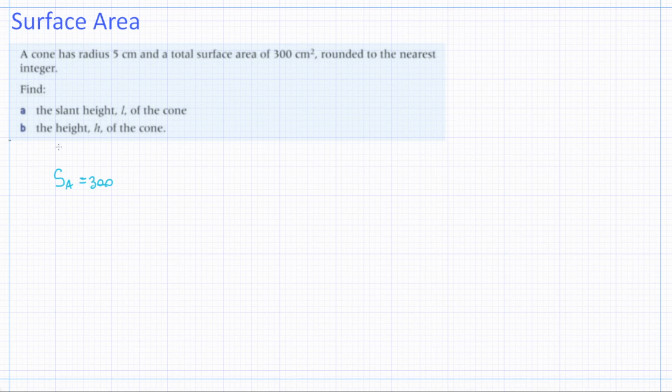We know that the radius is 5. Now we do know one equation for the total surface area of a cone, and that is 2 pi rh plus 2 pi r squared. Okay? That's one way of looking at it.